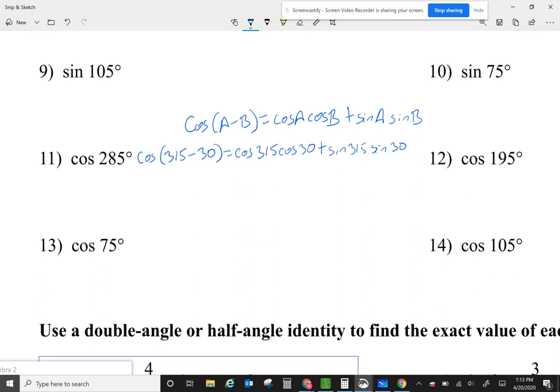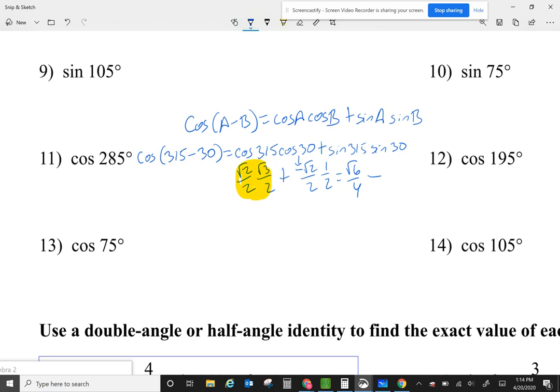Okay, cosine of 315 gives me radical 2 over 2. Cosine of 30 is radical 3 over 2. Sine of 315 is negative radical 2 over 2. Sine of 30 is 1/2. Looking at this part, I have radical 6 over 4.